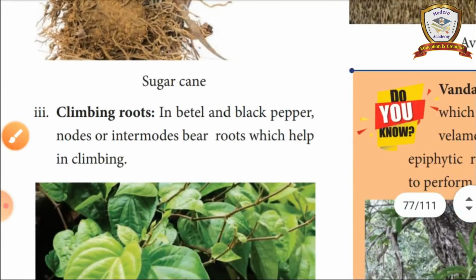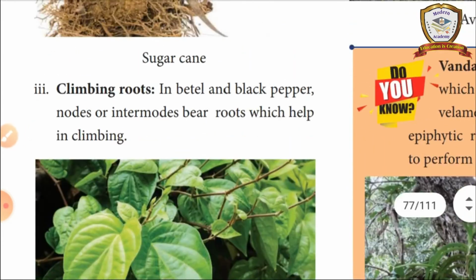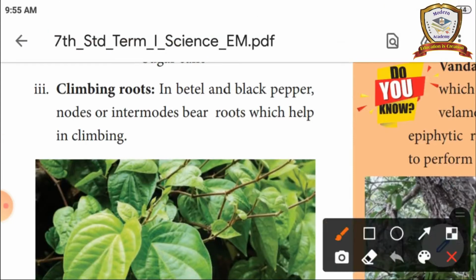And next one, climbing roots. In betel and black pepper, nodes or internodes bear roots which help them in climbing. So here nodes and internodes have the roots for climbing.